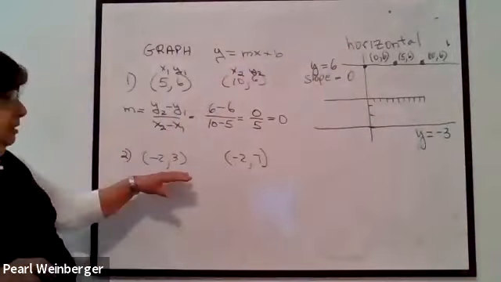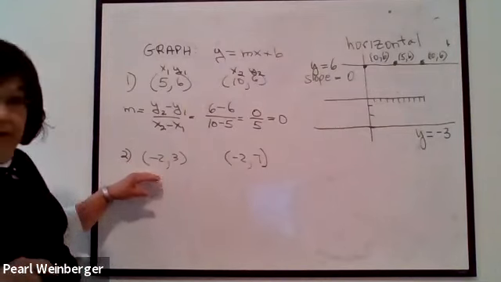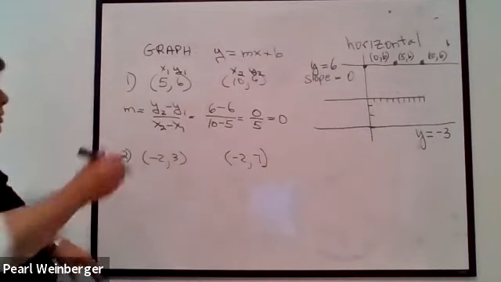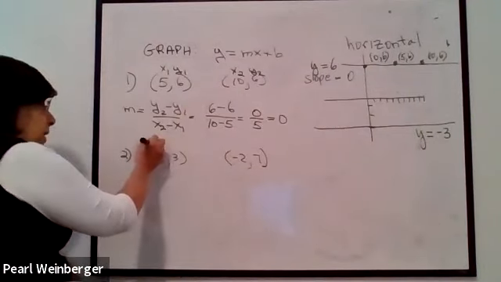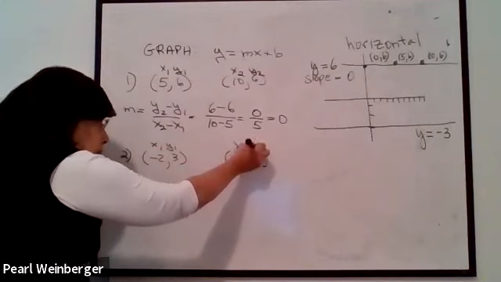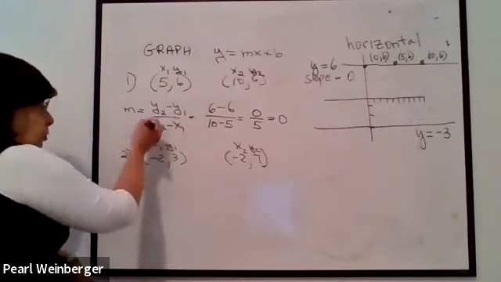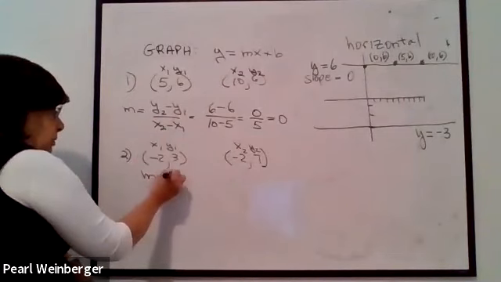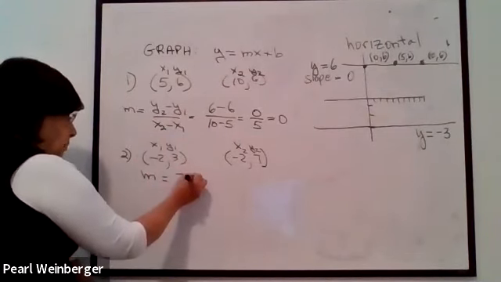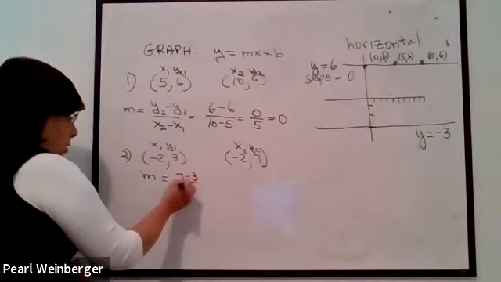Let's look at this situation. What if we want to do the slope of this line? So this one here, this would be my x1, y1, and this would be my x2, y2. And when I do the slope equation, I'll do 7 minus 3 over -2 minus -2. y2 minus y1 over x2 minus x1.